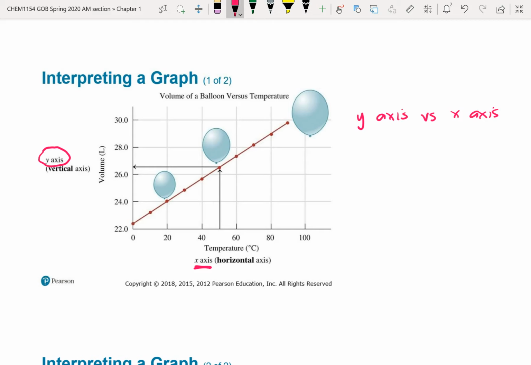Right? So that's the label, and any graph that's drawn properly is going to have a label for the axis. And in this case, it's volume. And then on the x-axis here, we have temperature.